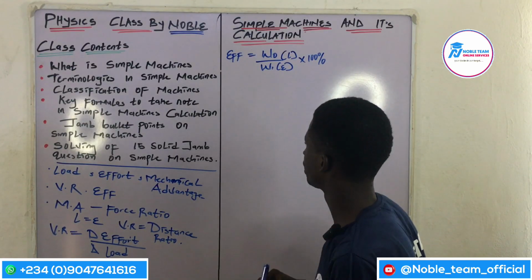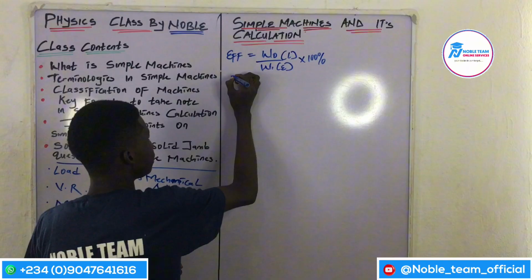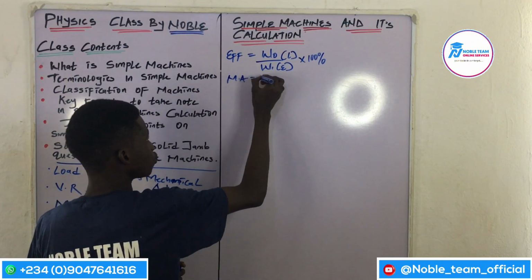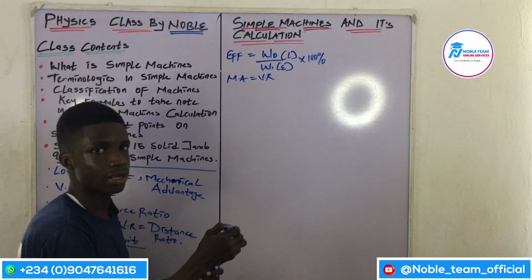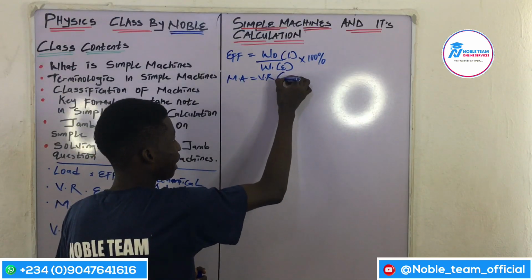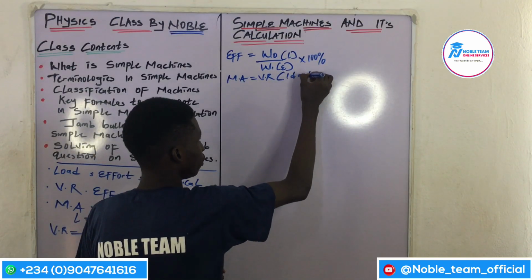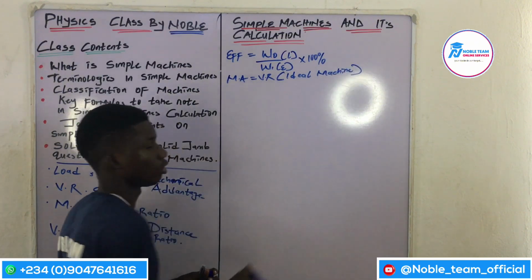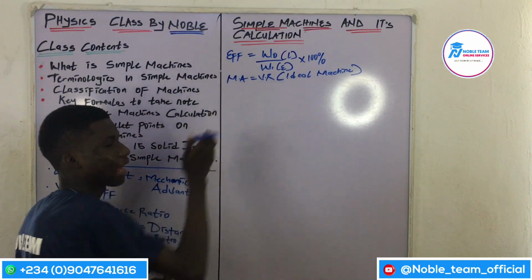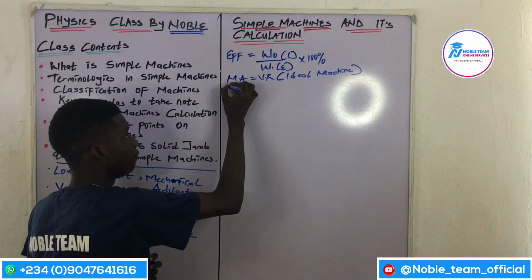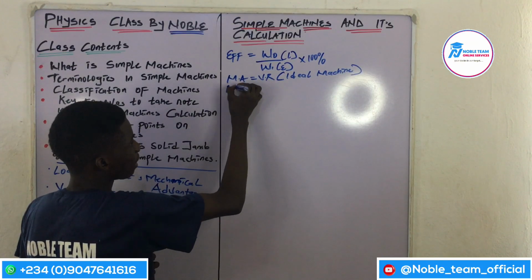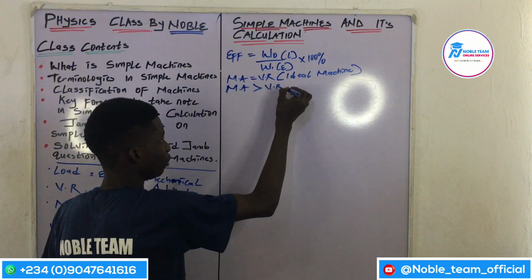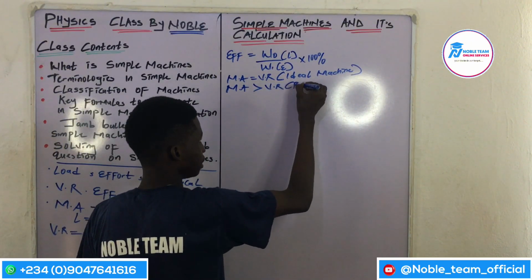Now I want us to take just 2 more points. The point to note is that in the efficiency of a machine, MA is equal to VR. This is particular to an ideal machine. Understood? In this other case, the MA is greater than the VR, and it is called the real machine.